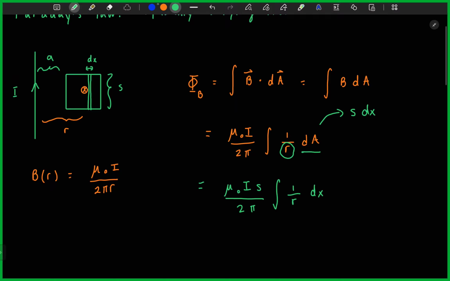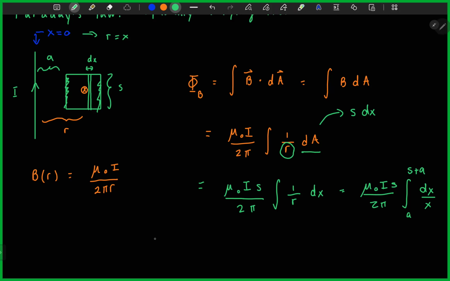If I simply state that x equals 0 is located at the position of the wire, then we can state that r is equal to x. And so we're left with mu naught I s over 2 pi integral dx over x. And we can now easily find our bounds of integration. We're starting at this end of our loop and going up to this end. And so our bounds of integration will be from x equals a to x equals s plus a.